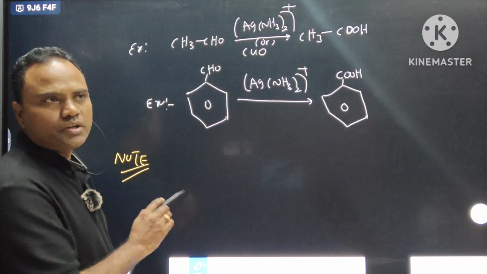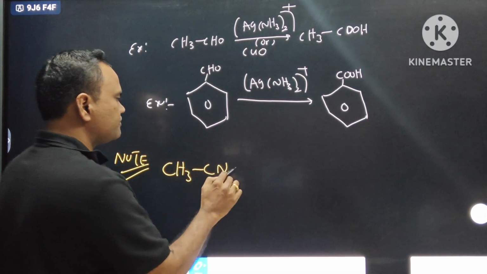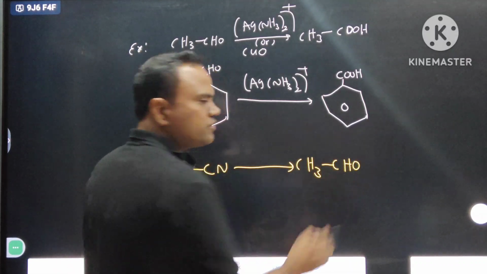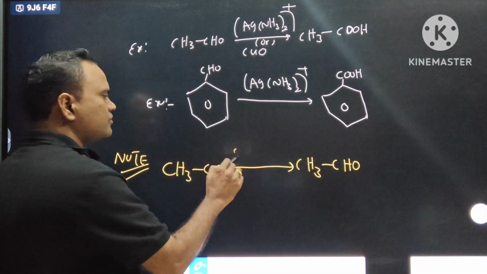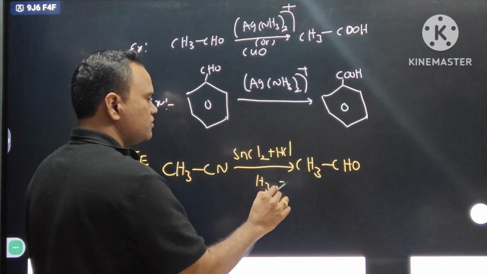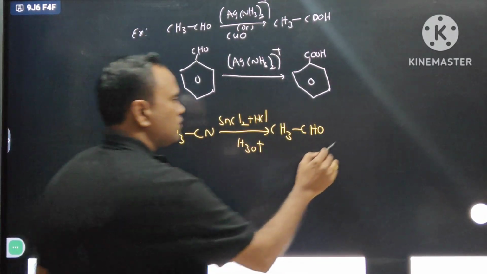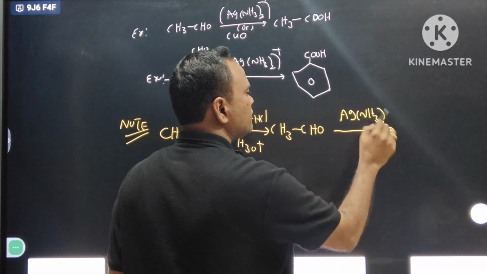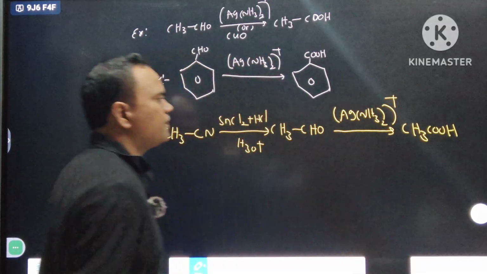Once you see this, we never get direct questions. You completed preparation methods, Sanjana. How to convert CN to CHO? SnCl2 plus HCl followed by H3O plus. Stephen's aldehyde. Now Tollens, Ag(NH3)2+ taken twice, positive, CH3COOH.